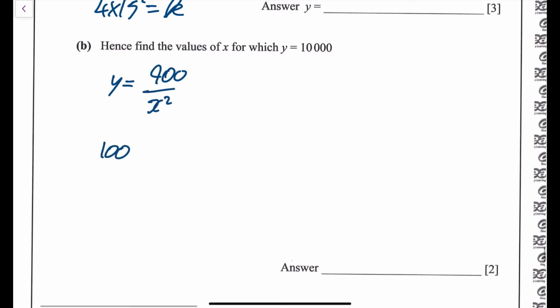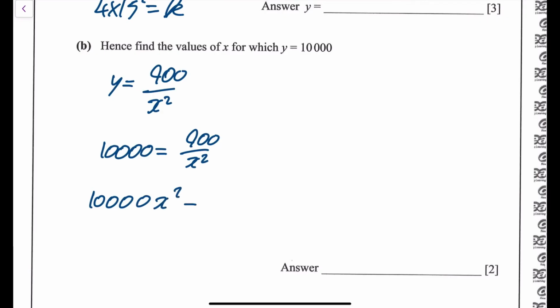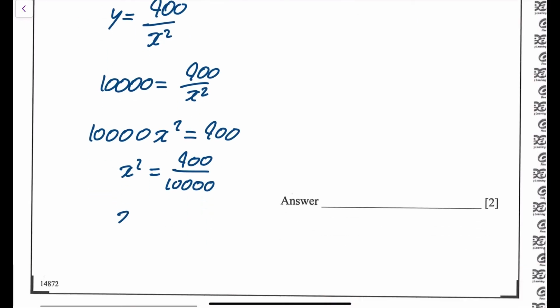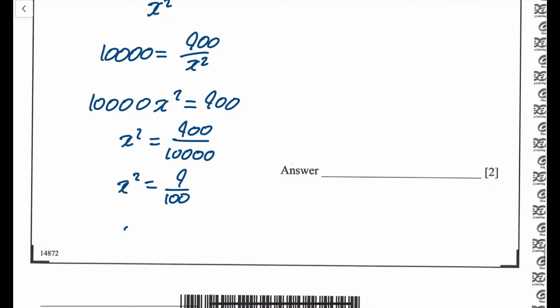Just put 10,000 instead of the y in y equal to 900 over x squared. And then I would just multiply across by your x squared. 10,000 x squared equals 900. x squared then is equal to 900 over 10,000, which means x squared, cancel out 2 zeros on the top, 2 zeros on the bottom, you'll get 9 over 100, which means your x is equal to the square root of that, it's going to be 3 over 10.